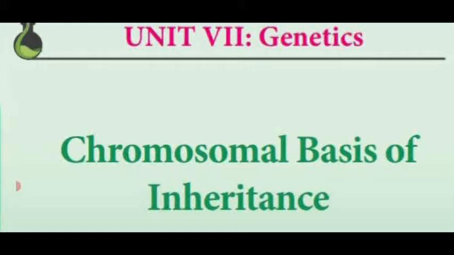Dear students, in the previous video class, we have learned coupling and repulsion theory, what is linkage, linked gene and unlinked gene, different types of linkage, that is complete linkage and incomplete linkage.